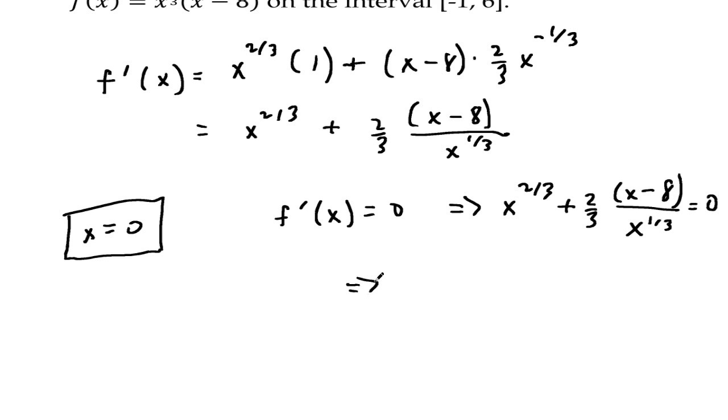Let's solve for x. Multiply everywhere by x to the 1/3 power. That gets rid of the x to the 1/3 here.